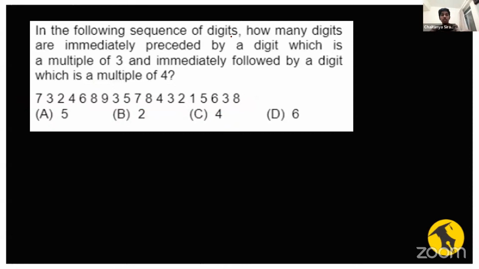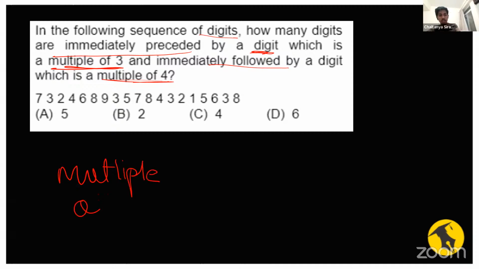In the following sequence of digits, how many digits are immediately preceded by a digit which is a multiple of 3 and followed by a digit which is a multiple of 4? All right, what do I want? A multiple of 3, then some number, and then a multiple of 4.